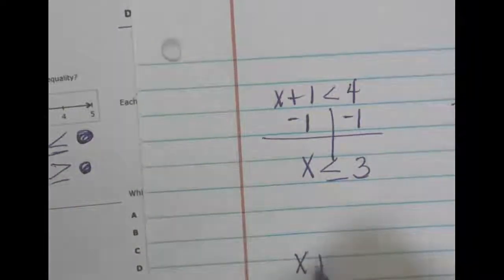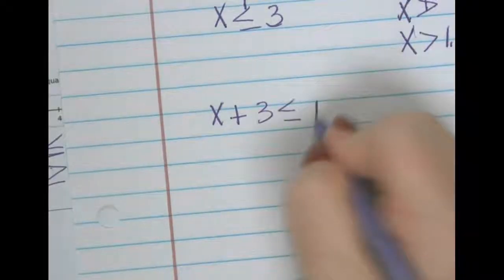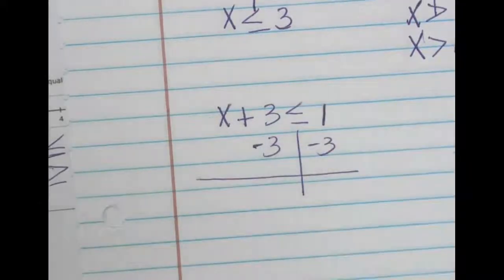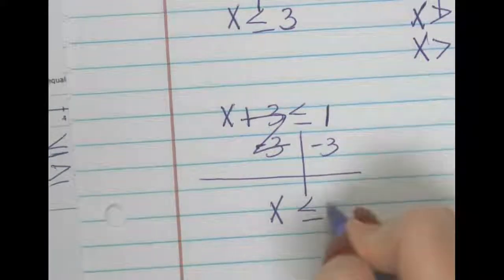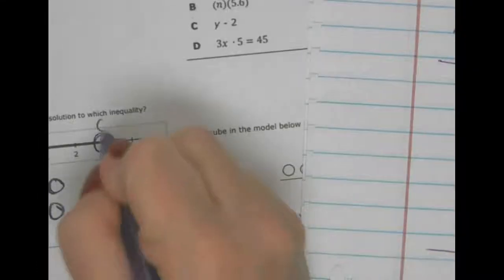X plus 3, 1. Minus 3, minus 3. My 0 pairs. -2. This is not on -2, is it? So this must be an open circle.